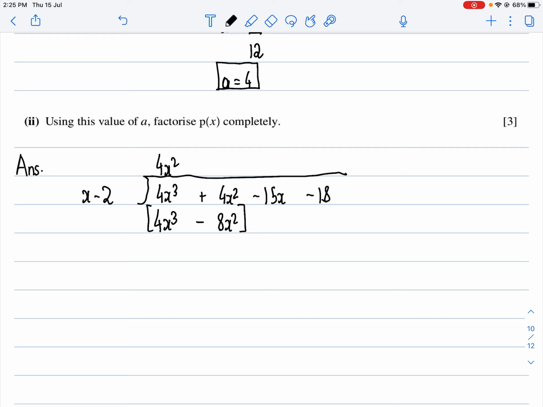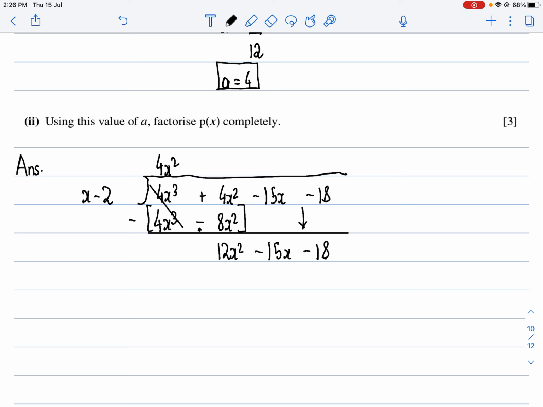Now I multiply this full thing by negative. So I take this down, this full thing will get cancelled, and this minus here will become plus. So I get 12x square minus 15x minus 18.